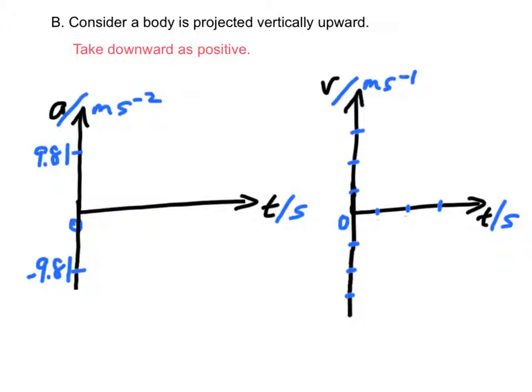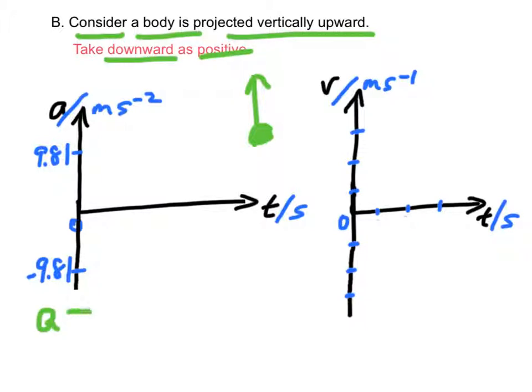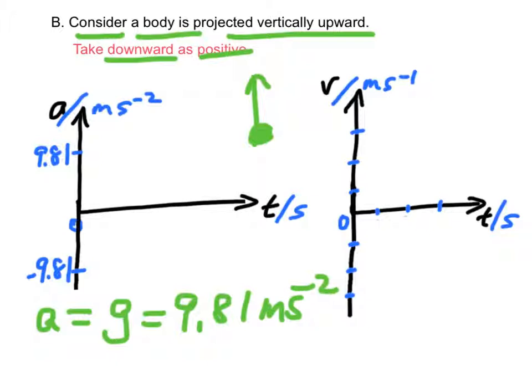Again, we consider a body being projected vertically upward, but in this case, if we take downward as positive, then we have the acceleration of the body equal to g, which is equal to 9.81 meters per second squared. Hence, the a-t graph will be a straight line with constant value 9.81.